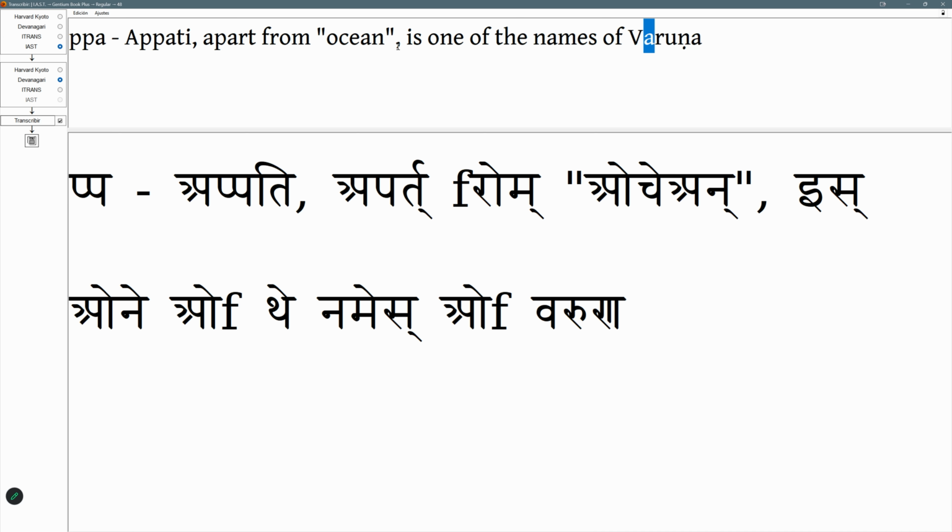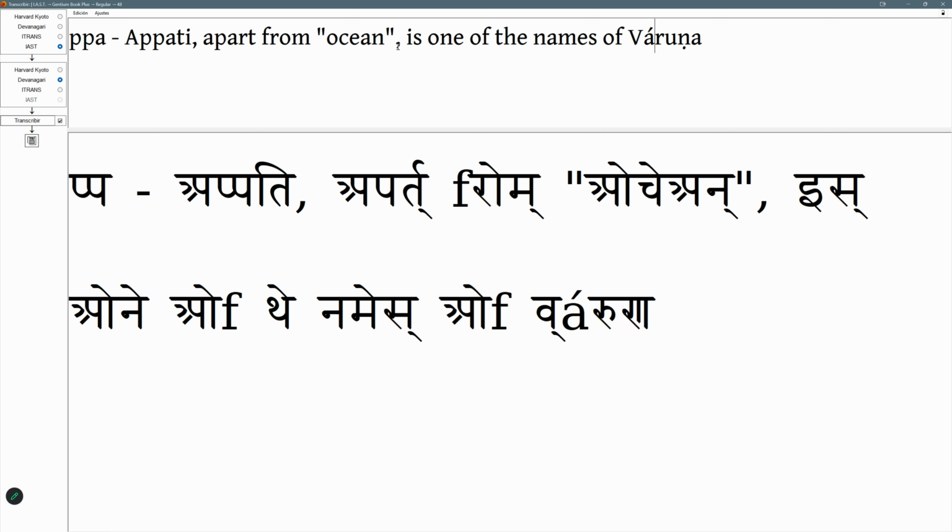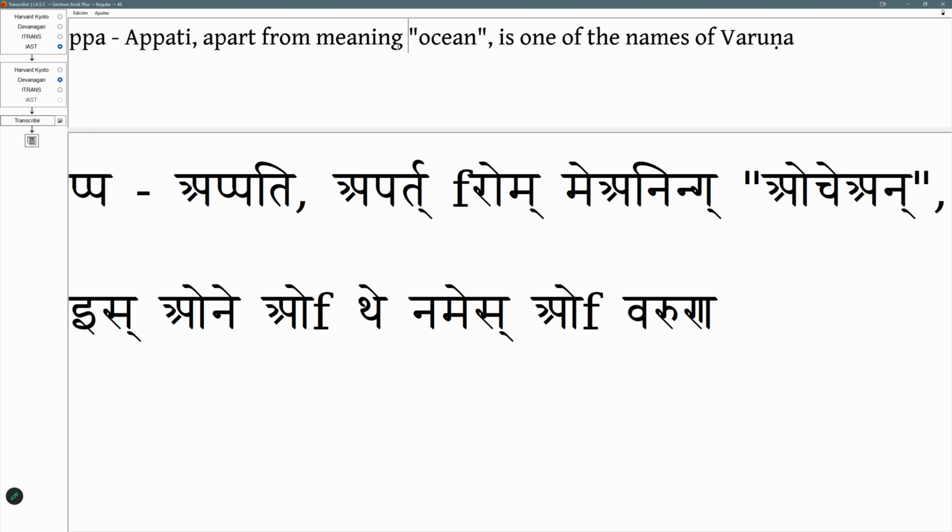So if there is a written accent, it's there. Varuna. This is the right way to pronounce. So apart from the meaning ocean, is one of the names of Varuna.